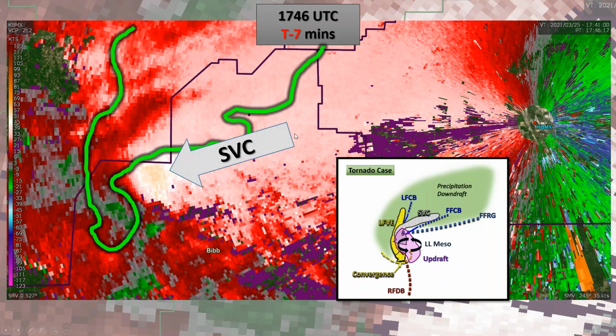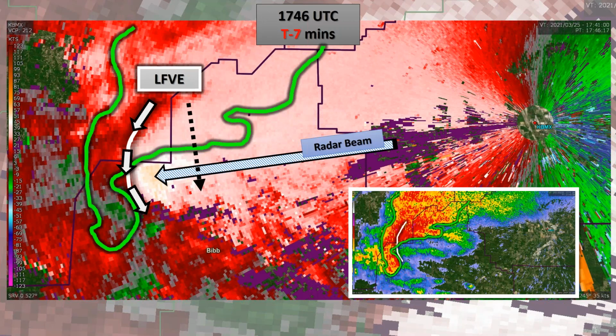It's important to understand that, because that's an ascending airstream and not a descending airstream like what we're looking for. The descending airstream, the LFVE, would be oriented deeper within the forward flank region of that supercell, but unfortunately orthogonal to the radar beam. So you're not going to see a whole lot of return from that particular region within the velocity signature, but instead it is overwhelmed by the SVC.